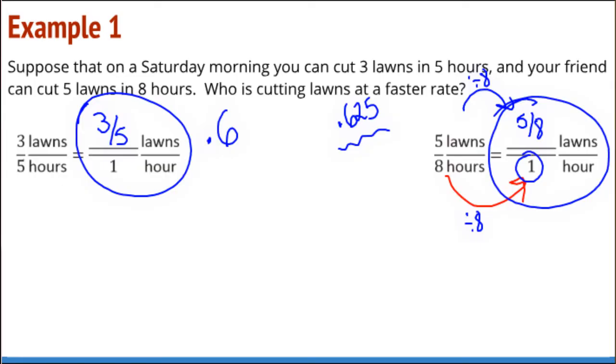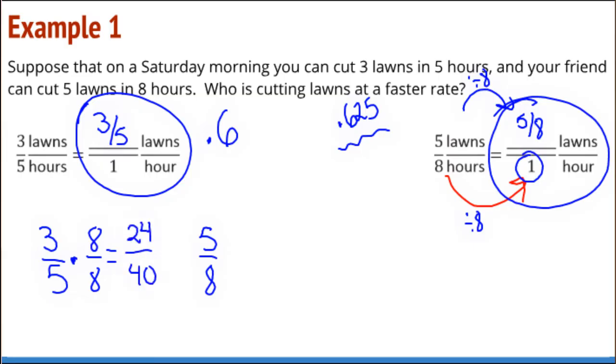Now we do have our other strategies that we have used. I could scale up. I could take the 3/5 and the 5/8 and ask what is the least common multiple. And so I could scale this up by multiplying by 8 and find out that the denominator would be 40 and the numerator would be 24.